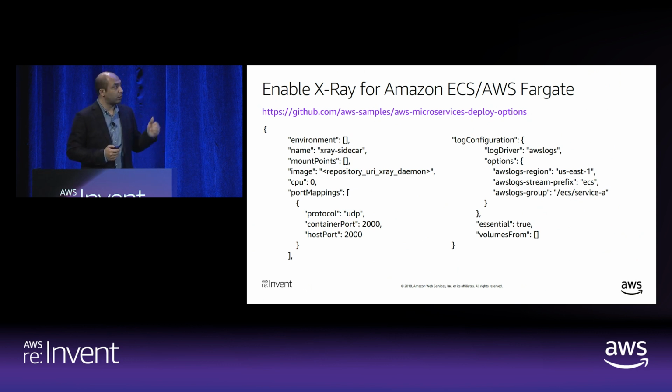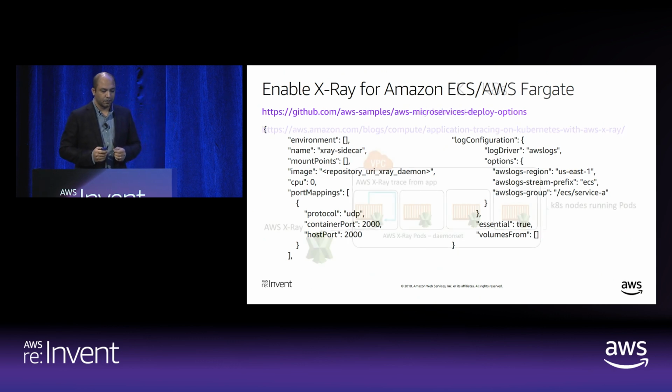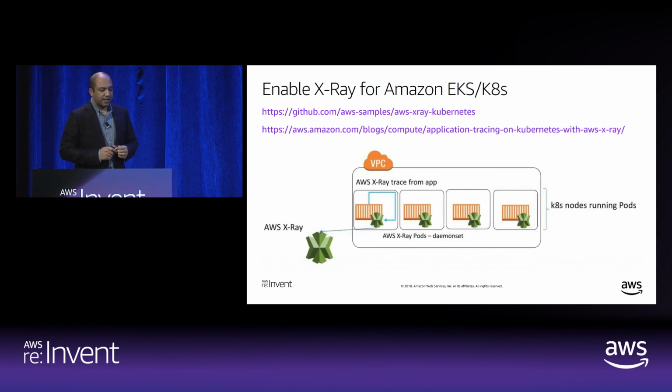So in the interest of time, I won't dive into that, but folks who are interested, please take a screen grab or go look at it later. In terms of enabling X-Ray in EKS or Kubernetes, it's really about running X-Ray pods as a daemon set. Again, we have a fairly detailed blog post as well as a code sample in the repository. So for those folks that are interested, please go take a look.